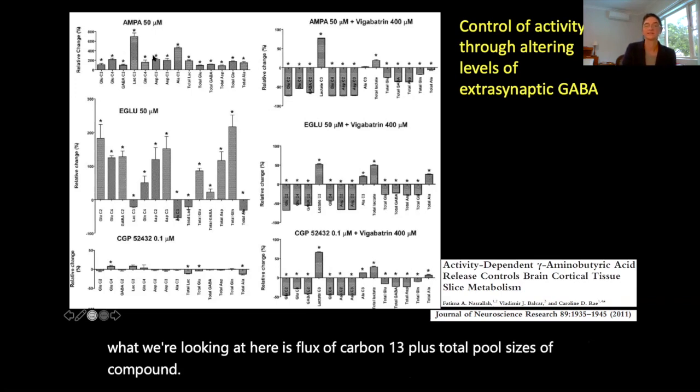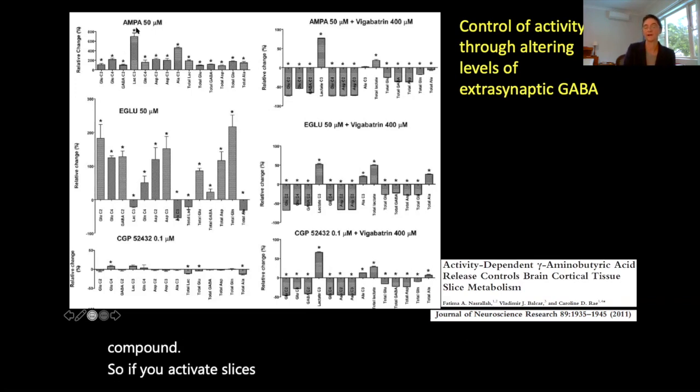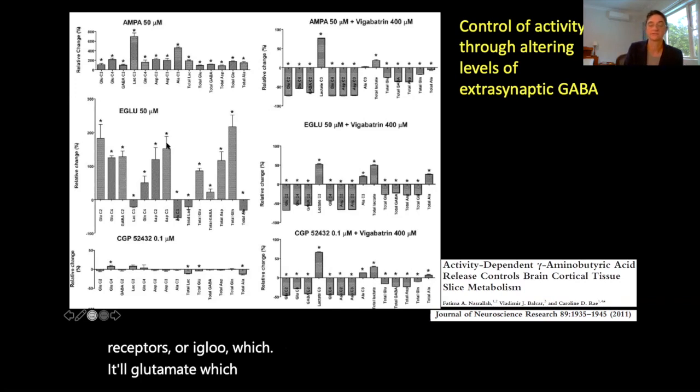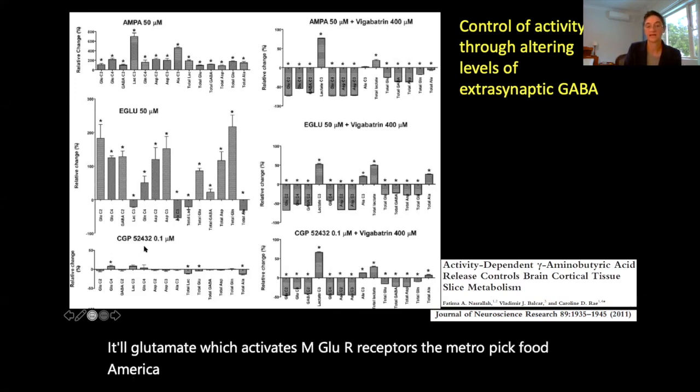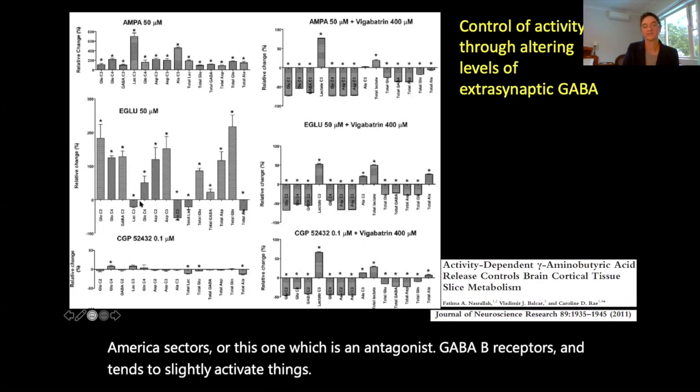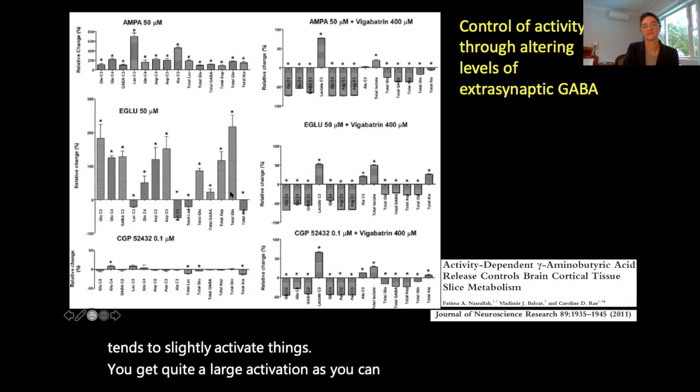So if you activate slices with a compound like AMPA, which activates AMPA receptors, or EGLU, ethyl glutamate, which activates mGluR receptors, the metabotropic glutamate receptors, or this one, which is an antagonist at GABA-B receptors and tends to slightly activate things, you get quite a large activation. As you can see, this is percentage activation over the control condition.